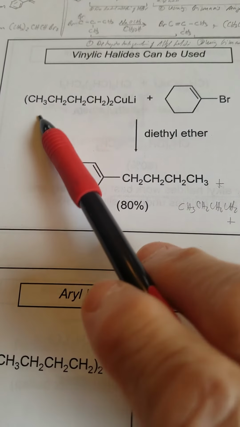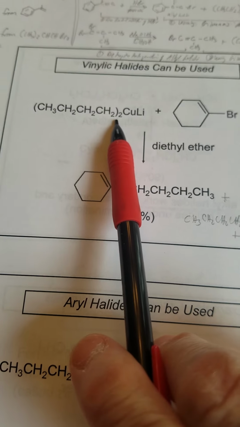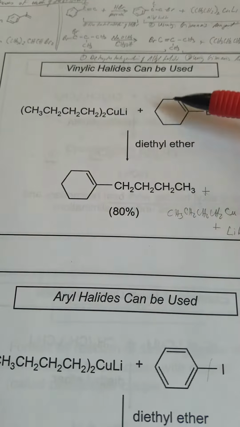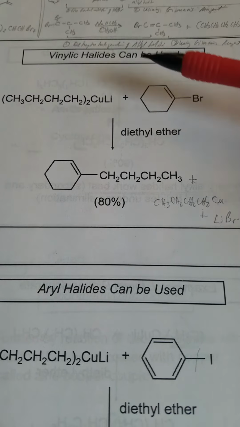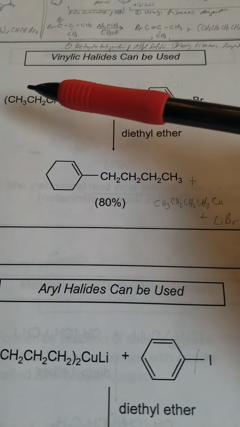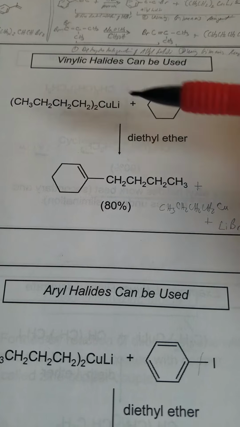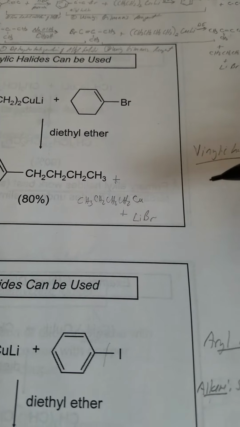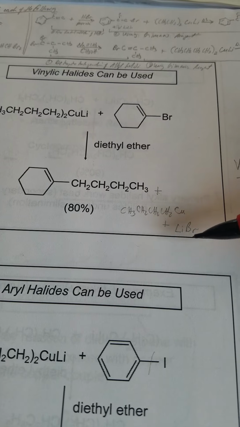If we have this compound, we have this as our R group. This would be the R group here, so you actually have a vinylic halide. So this vinylic halide is going to pick up this butyl group. The other butyl group is going to link up with the copper, and then the lithium is going to pick up the bromine.